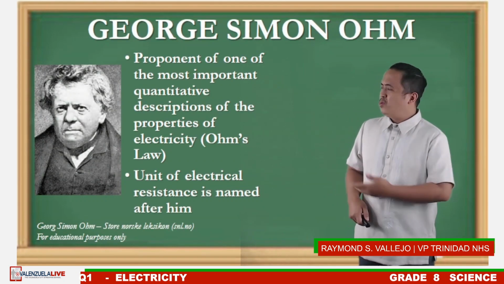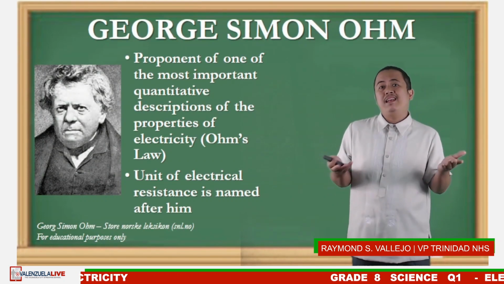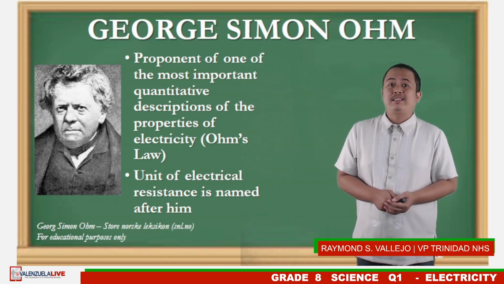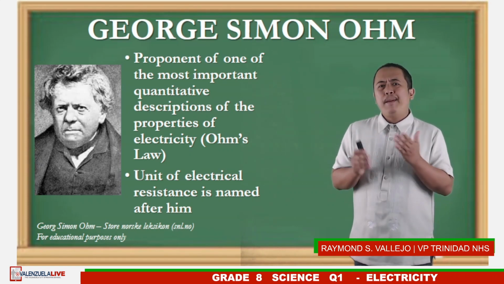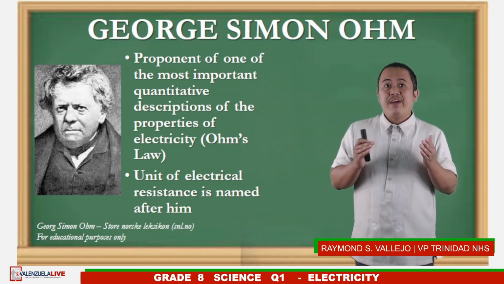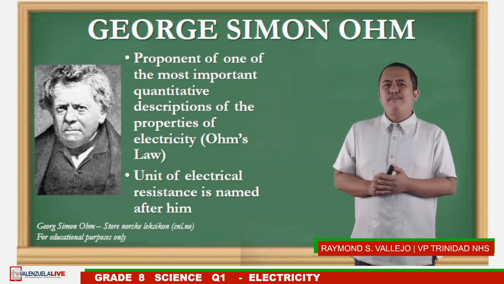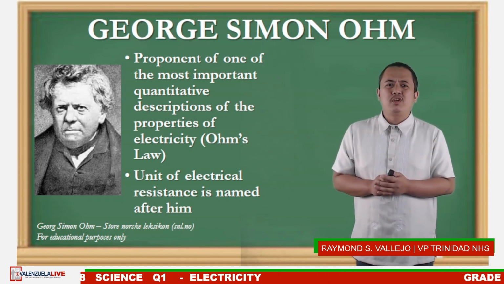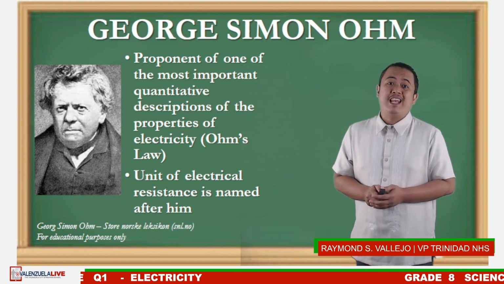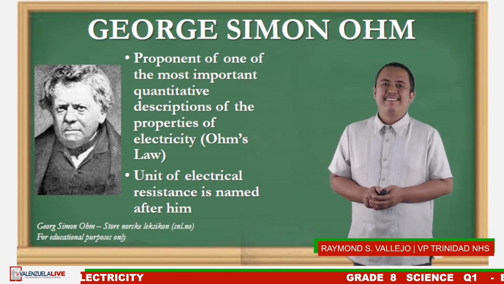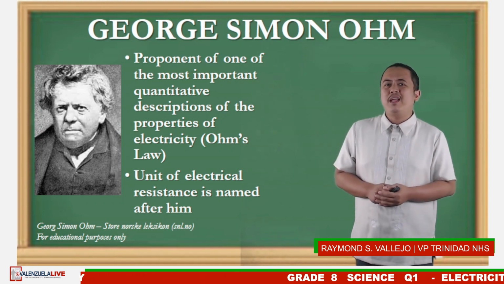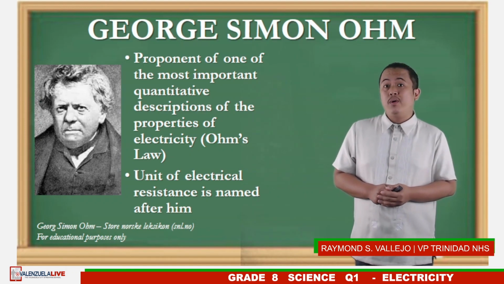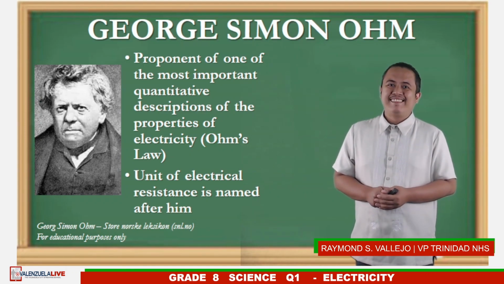There is more to George Simon Ohm than naming the unit of electrical resistance after him. He published a book that described one of the most important quantitative descriptions of the properties of electricity. This led to the establishment of the statement currently known as Ohm's law.